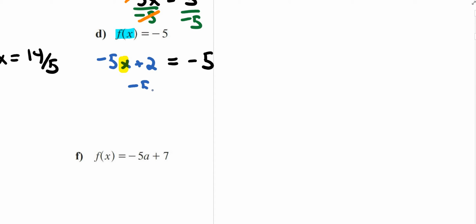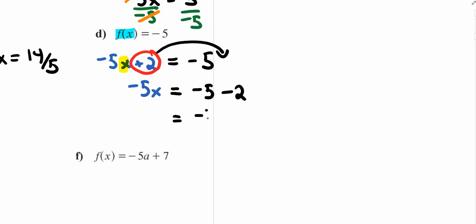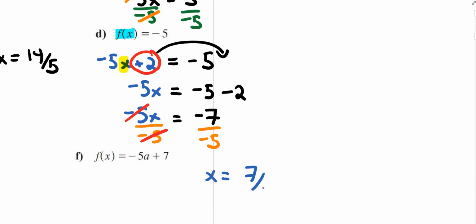So I can bring that positive 2 to the other side, and I get negative 5 minus 2, which is going to be negative 7, and I have negative 5x on the left-hand side. I can divide both sides by negative 5, and once again, the negative 5s cancel, so x would equal positive 7 over 5 as my final answer. So x equals 7 over 5.